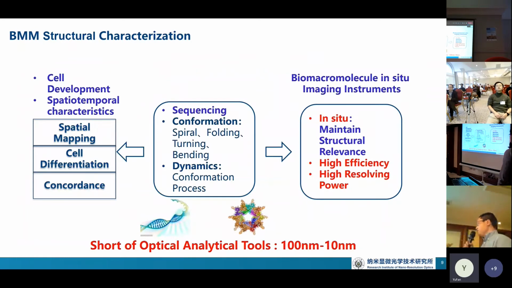As everybody knows, what we are dealing with now with optical imaging is above the diffraction limit, which is a few hundred nanometers. There are still few optical tools in the range of 100 nanometers to tens of nanometers, which is very important for the study of cell development, gene conservation, and also the dynamics and conformation of macromolecules.